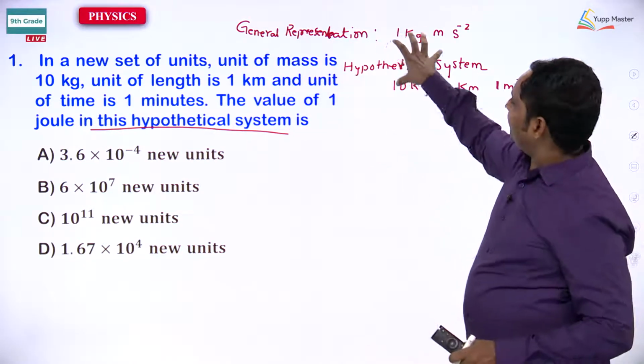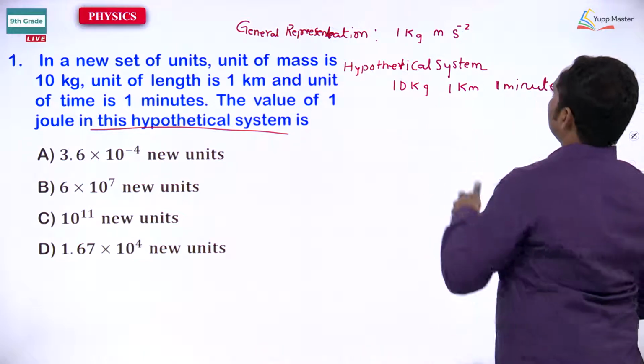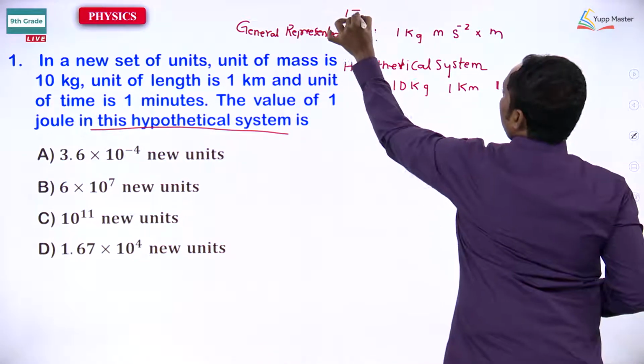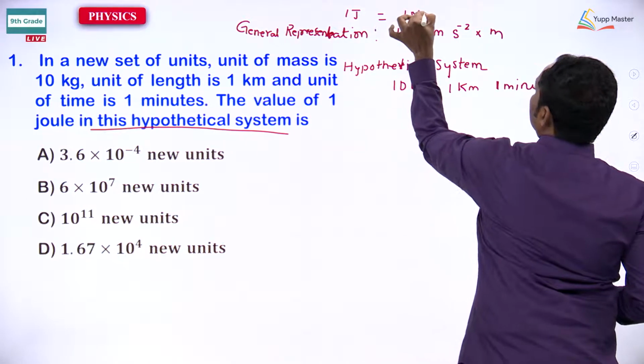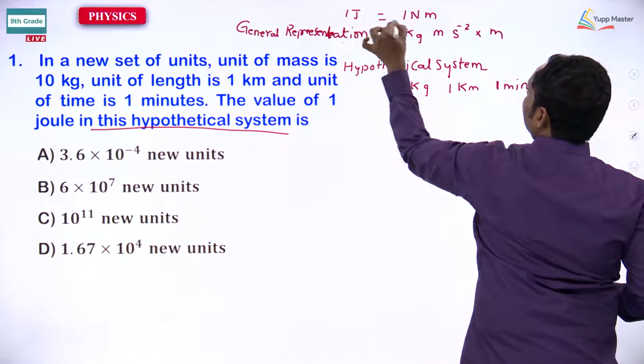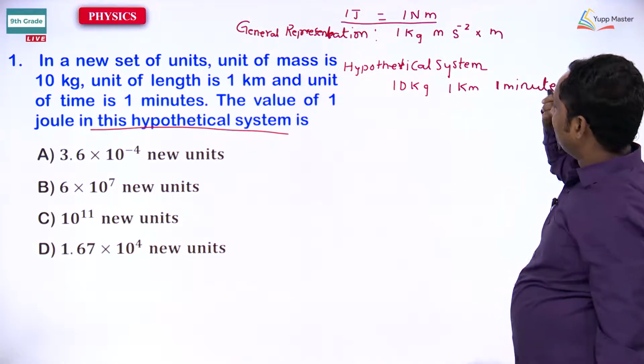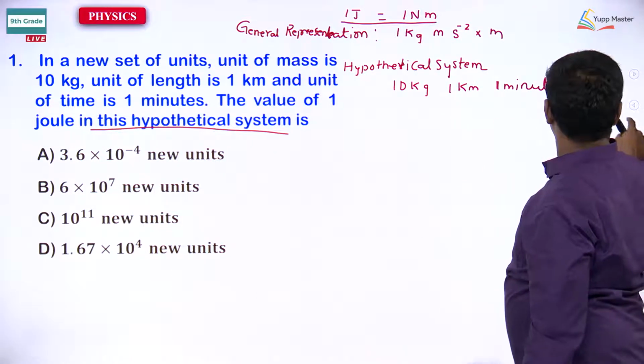In the general representation, 1 joule is equal to 1 Newton meter. Let us go for this one.